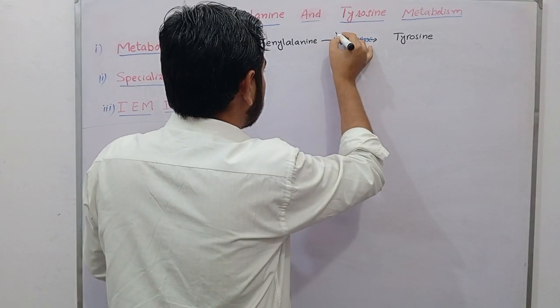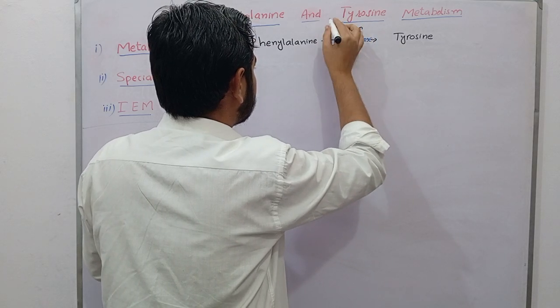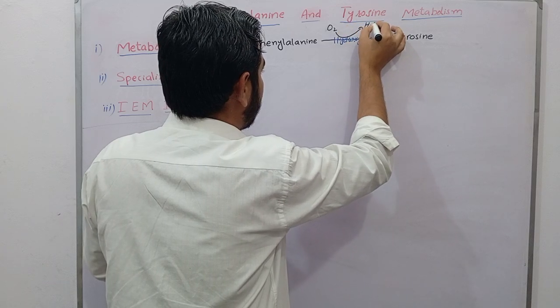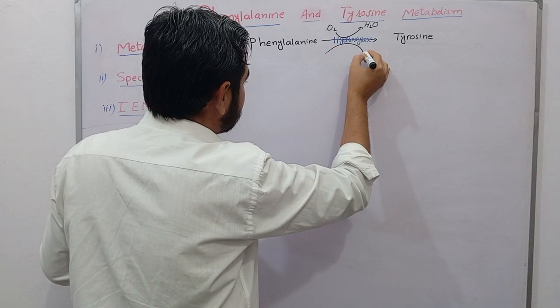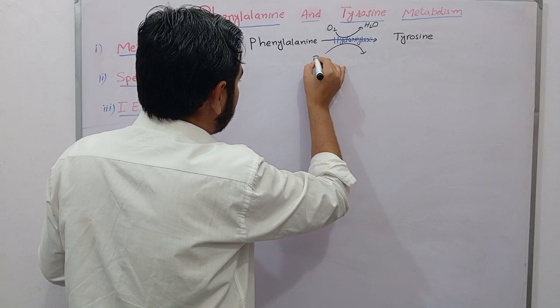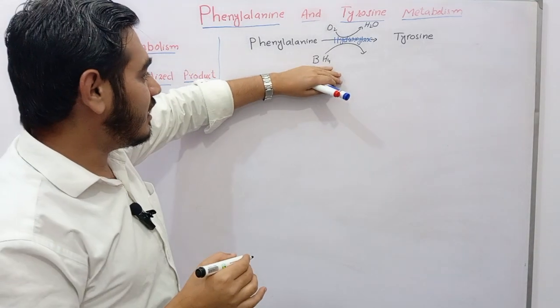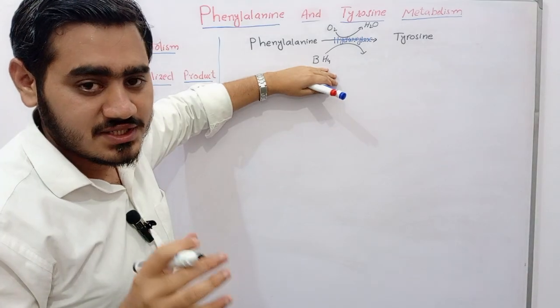here O2 gets incorporated in this reaction, and there is release of H2O, and there is utilization of BH4, that is tetrahydrobiopterin. It is a coenzyme.